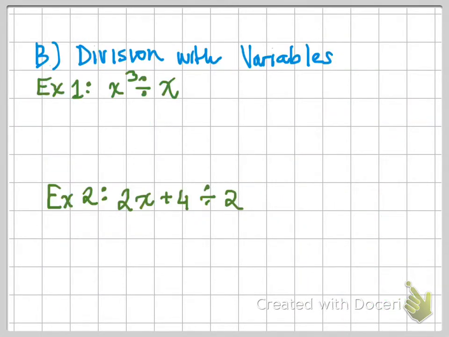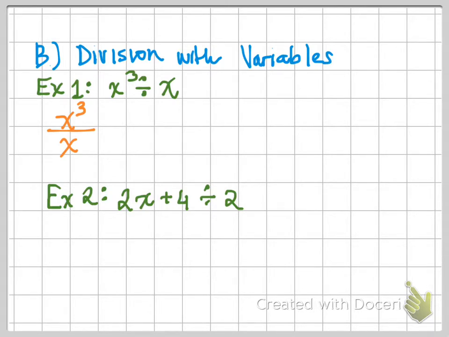Okay, so in the next section of our notes, we're going to think about how do we understand division when we're looking at variables. So the first example I have for you guys is x to the third divided by x. Now, as it is, it's in kind of an unfamiliar notation, but we could rewrite this as x to the third over x in a fraction, and now this looks pretty familiar, I would hope.